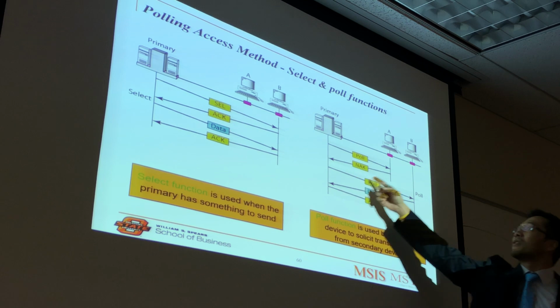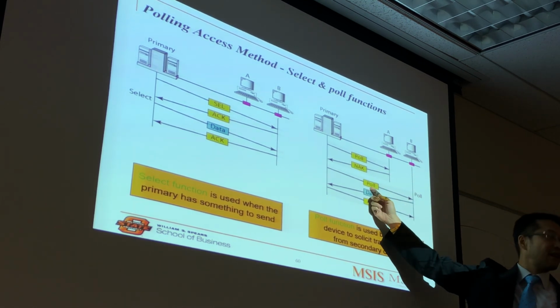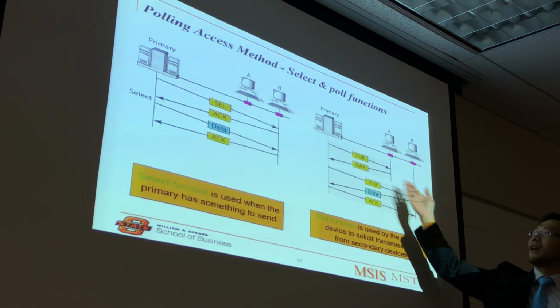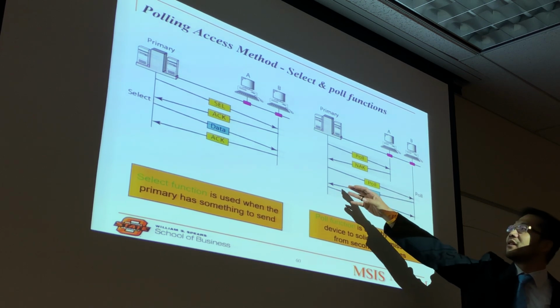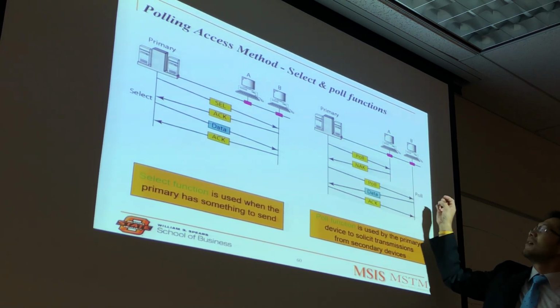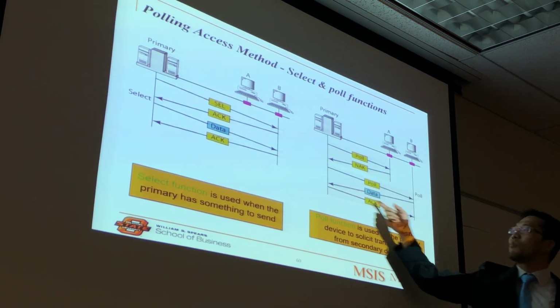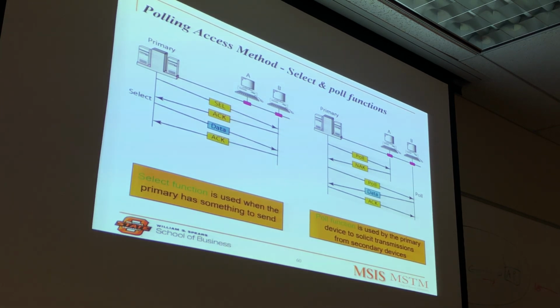Then the primary goes to the second one and asks, do you have anything to say? If it does, it just sends the data, and then the primary will acknowledge. So that way, collision will be prevented because the only device that can transmit is either the primary or the one that the primary pointed out. Okay.